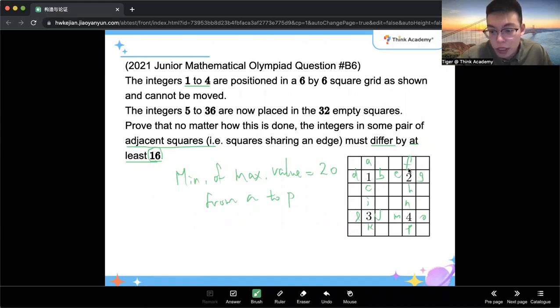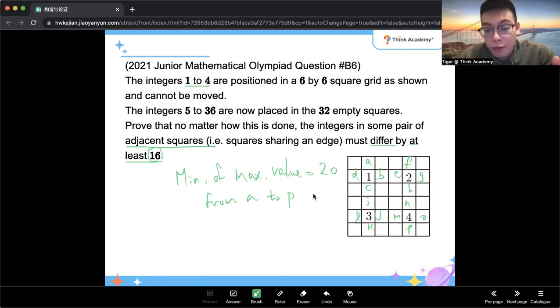So after writing all 16 of them, you can see that the smallest value of the maximum of these 16 numbers is 20. It can't get any smaller than that. Otherwise, you can't have 16 numbers.